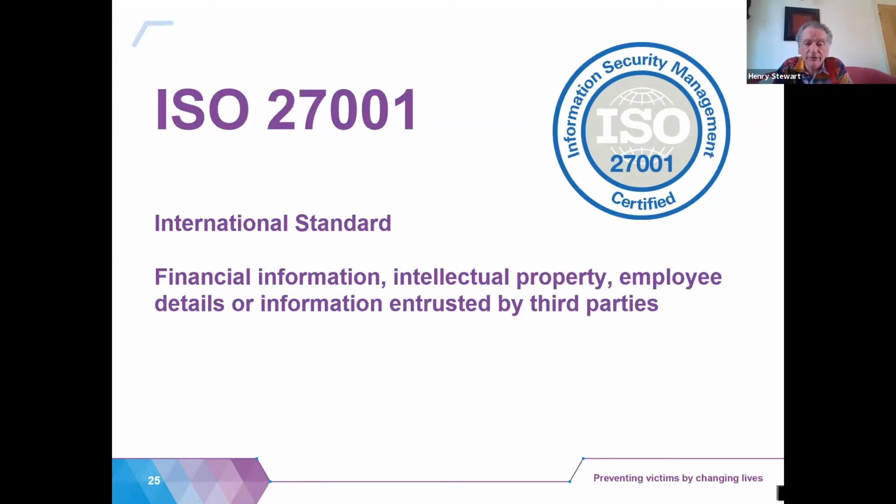They will cover the whole range: financial information, intellectual property, employee details, all of these key elements. This requires an audit that costs somewhere between 2 and 7 grand, depending on the size of your organization.